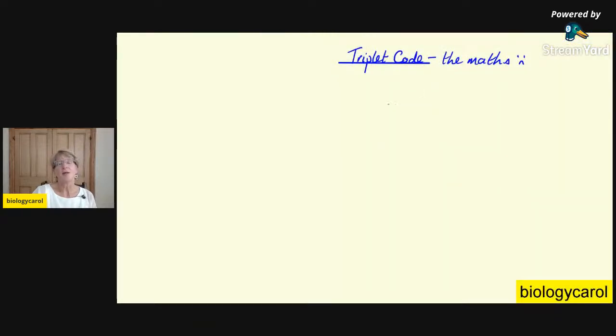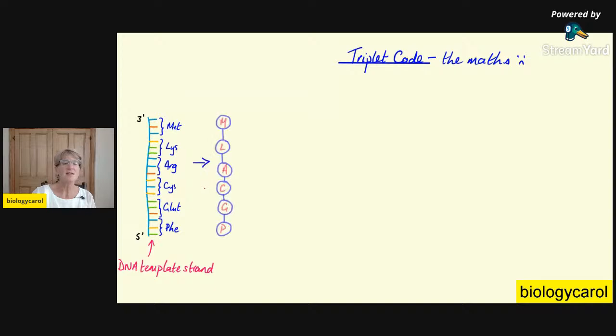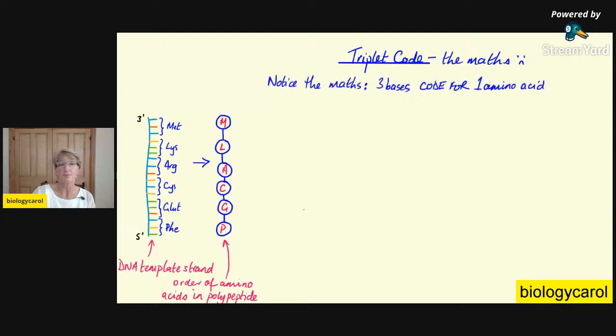The triplet code, let's talk about a little bit of the maths here. As we saw earlier, the DNA template strand is read from top to bottom in groups of 3, the triplet code, and this determines the primary sequence, the primary structure of a polypeptide. But notice the maths here.